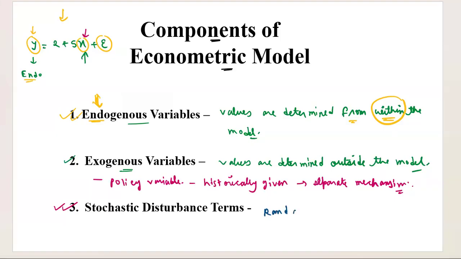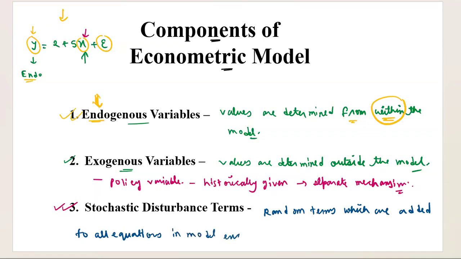It is the random term which is added to all equations in the model except identities and equilibrium conditions.